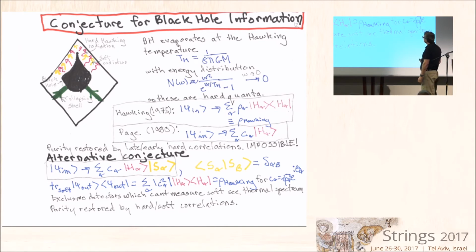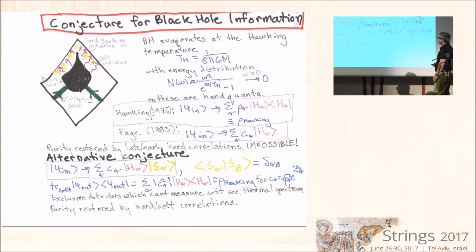Now, Page came along 5 years later, and he made an alternate proposal. His proposal was that the evolution is unitary, and it goes instead to a sum of C alpha times some collection of H alphas, where these C alphas were some typical state in the thermal ensemble that Hawking computed.